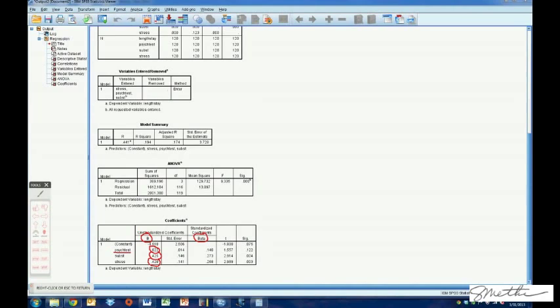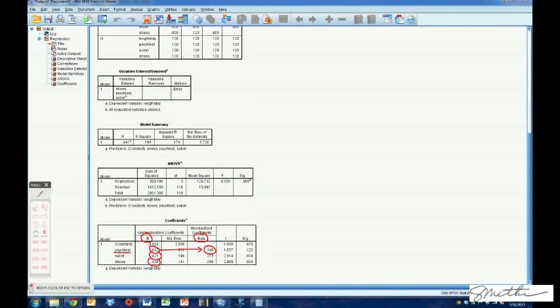The standardized beta coefficients are essentially how much of a change in a standard deviation for this variable would be associated with a one standard deviation change in the outcome variable. So if there was a major change in length of stay, it would be associated with a very small change in psych test. These are also somewhat related, the standardized and unstandardized coefficients.